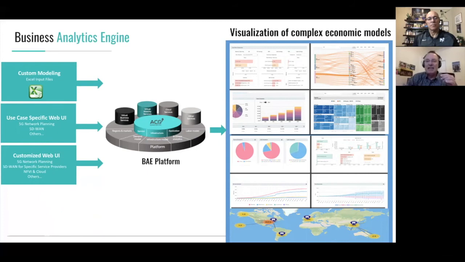I think the key thing here is, look, if you're spending billions of dollars on 5G and you're going to spend billions of dollars on the edge, we need to really understand the business case. So we need to understand the revenue models, and we need to understand the cost side and what the profitability is. That's number one.